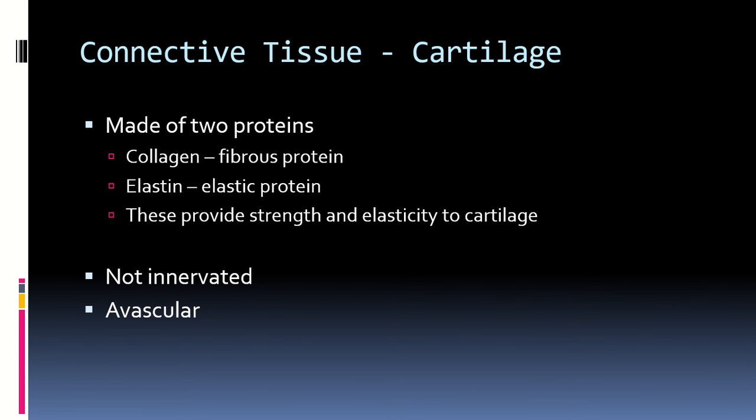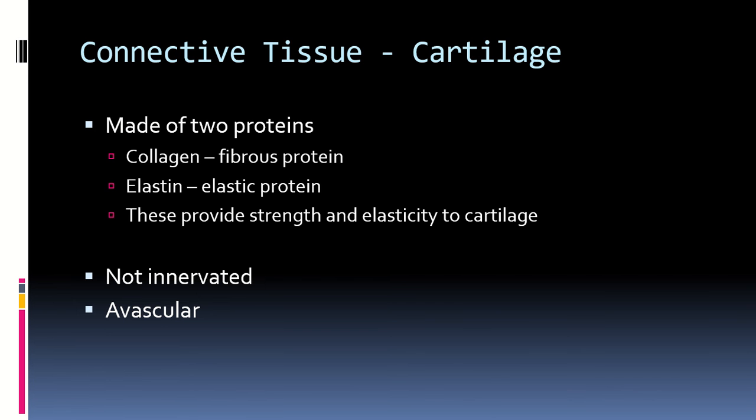Now getting more into the muscular side of the musculoskeletal or skeletomuscular system, let's start with connective tissue, one of them being cartilage. It's made out of two proteins, which are going to be collagen and elastin, and essentially the proportion of each decides how hard or how flexible a certain connective tissue will be.